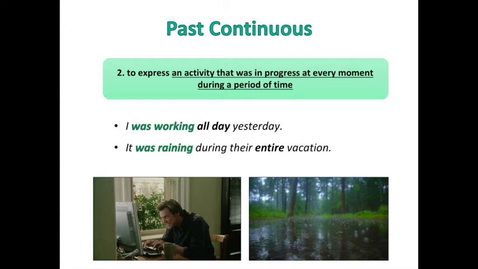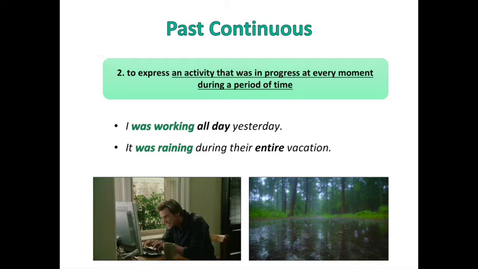So this is similar to the previous situation, but it's a little different. We also use past continuous to express an activity that was in progress at every moment during a period of time.